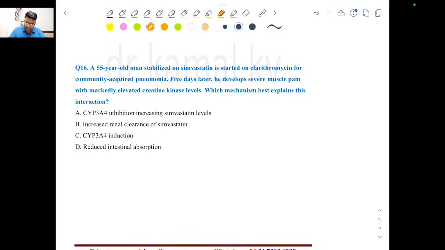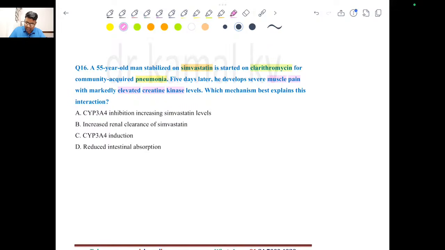Next question, a 55-year-old male stabilized on simvastatin is now started on clarithromycin for community acquired pneumonia. 5 days later, he develops severe muscle pain and markedly elevated creatine kinase levels. Now, which mechanism best explains this interaction?